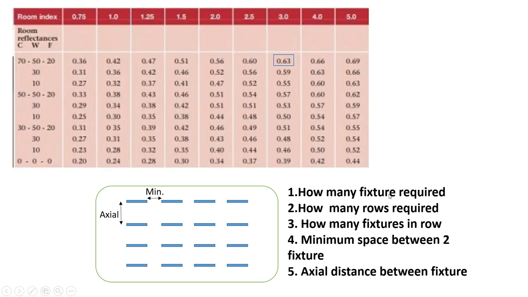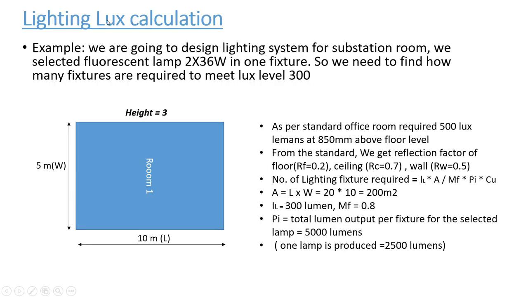We need to know how many rows are required for that room to meet the lux level, how many fixtures are placed in each row, the minimum space between the fixtures, and the axial distance between the fixtures. So these remaining things I also need to calculate. Let us see one example of lighting lux calculation, then everything will be clear.